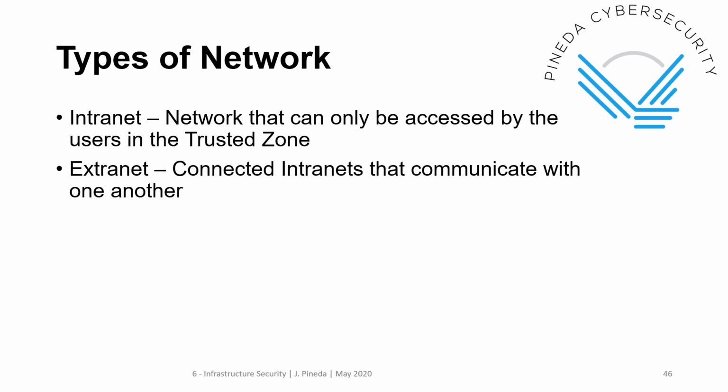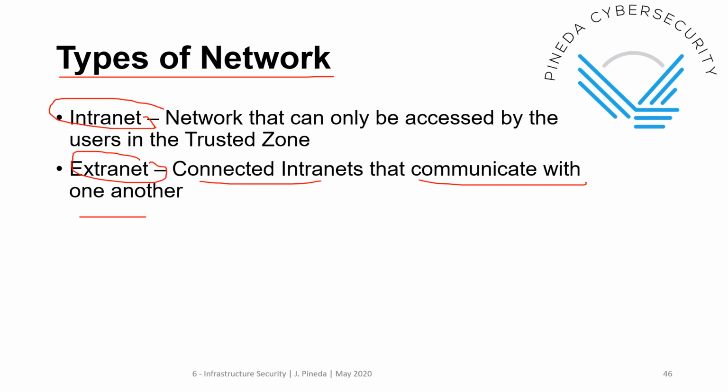Another implementation would be the use of intranet and extranet. When we say intranet, it is the network that can only be accessed by the users in the trusted zone. So when you're at home, you won't be able to access it by default. When we talk about extranet, these are connected intranets that communicate with one another.